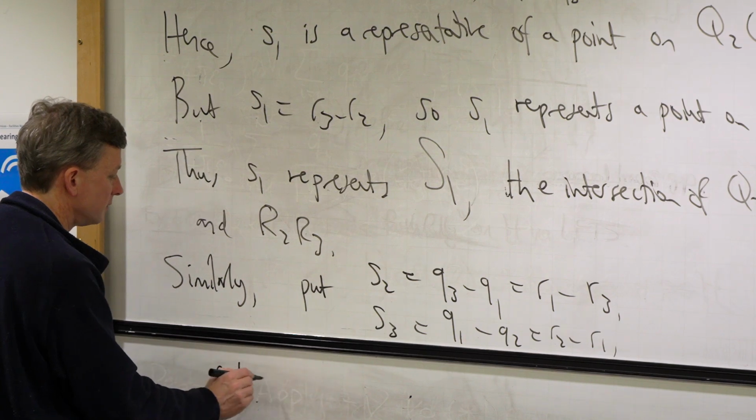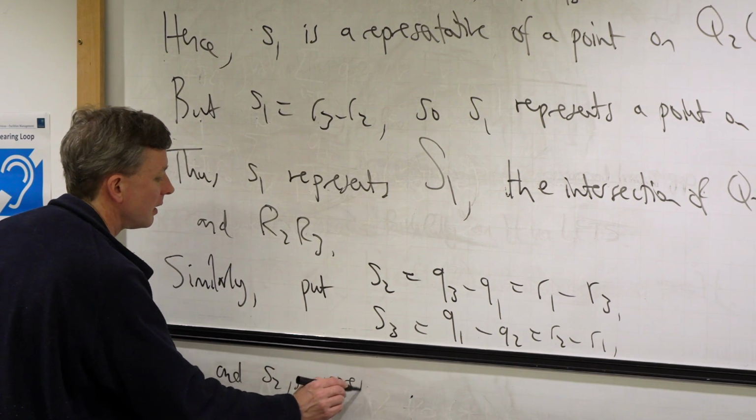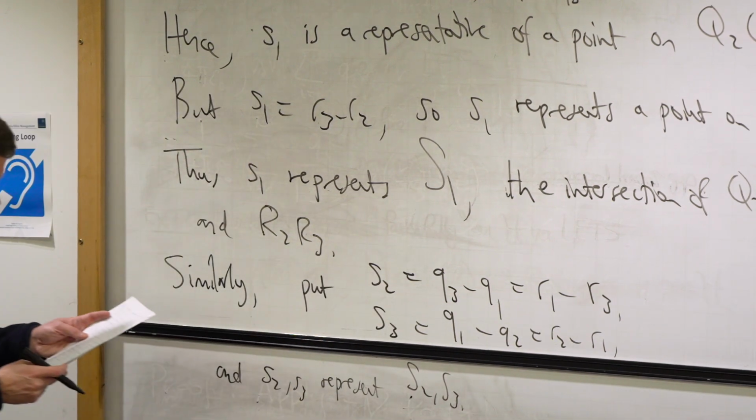Then little s2 and little s3 represent big S2 and big S3.